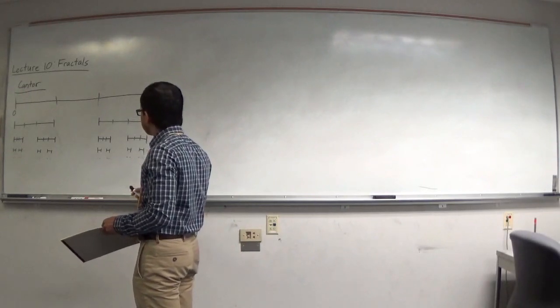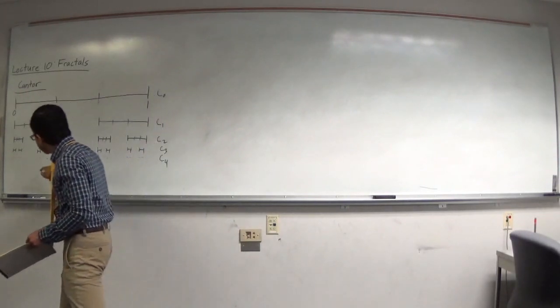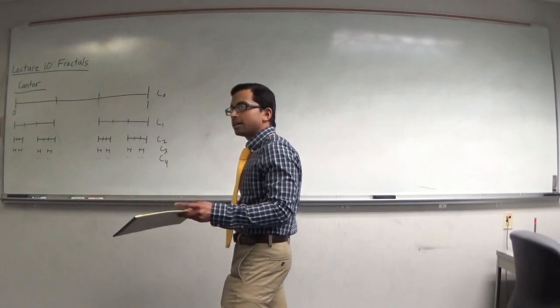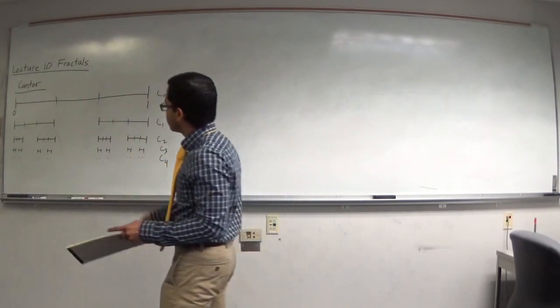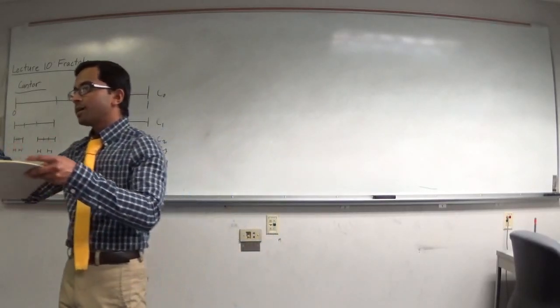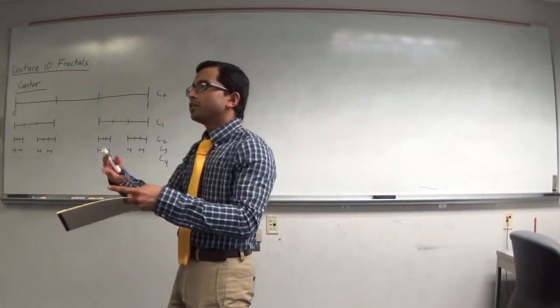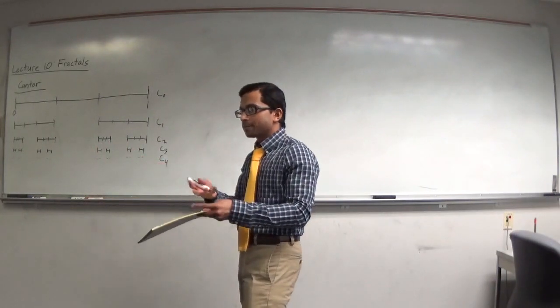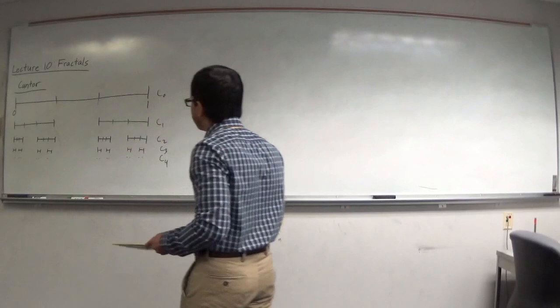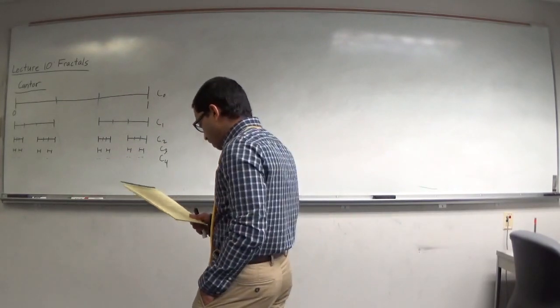So you're not going to be able to zoom into a section of the Cantor set and see just an interval. You're going to see discrete points, and it doesn't matter how far you zoom in, you'll always see those points somewhere. So you're going to have some complex structure there.